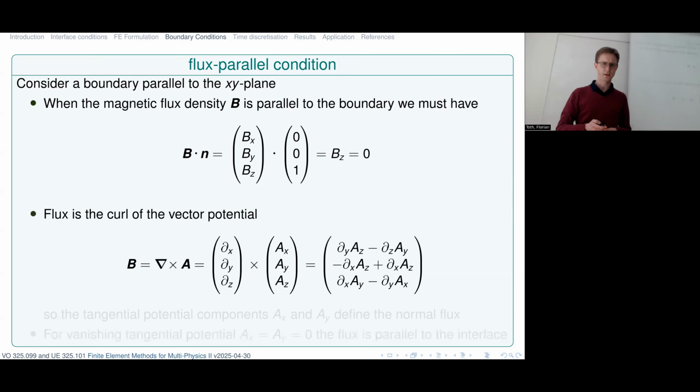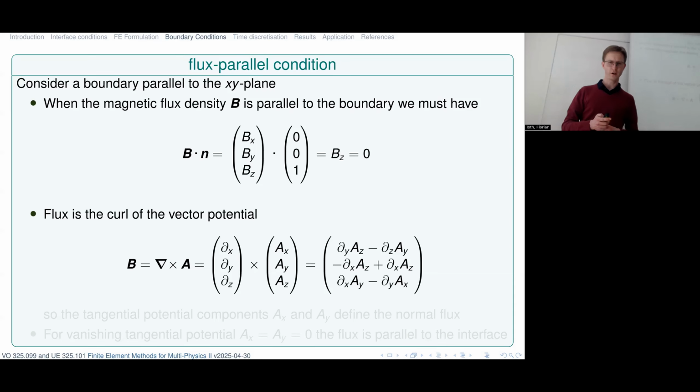The question is, what does this mean when we have the B field defined as the curl of the vector potential? So the vector potential now also has 3 components, Ax, Ay, Az.